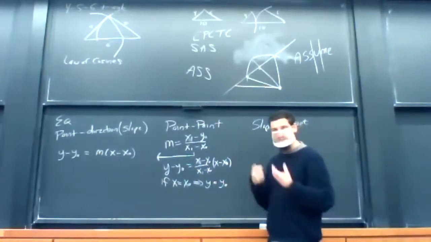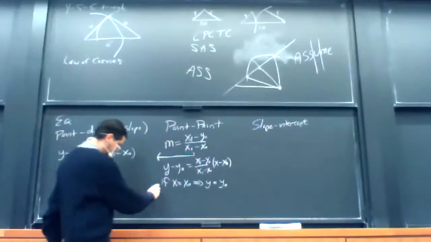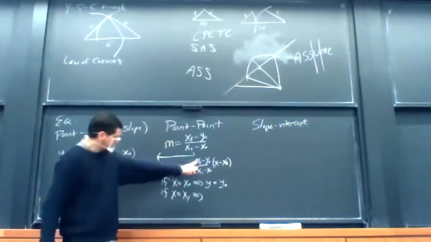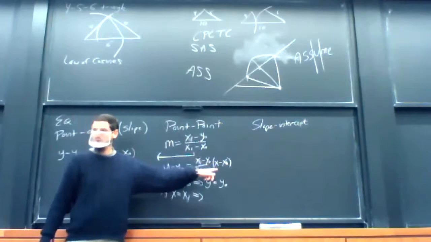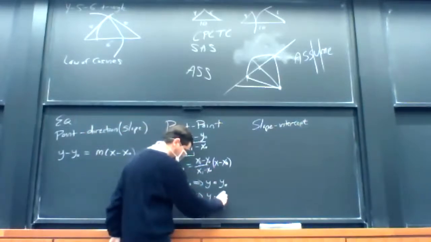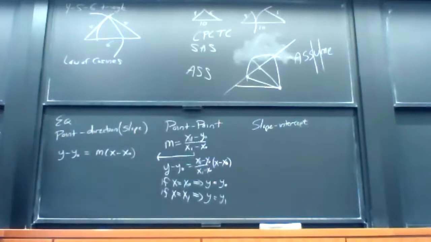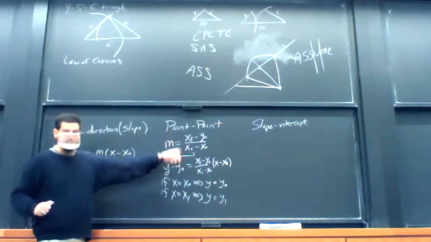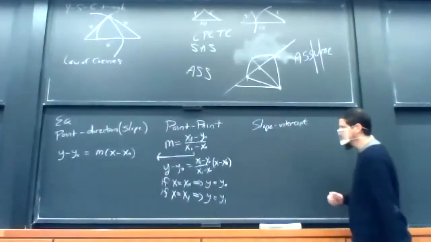Not surprisingly, because these are the 2 points I'm given. I'm given the point x naught and x1. I know things about those points. Let me plug them in. If x equals x1, then this becomes y1 minus y0. So y minus y0 equals y1 minus y0. In a dazzling feat of algebra, I get y equals y1. So we could write it down explicitly like this, or we could say, well, look, once we have this, let's just calculate, call that m, and put that in. Either way is fine. The last is the slope intercept.